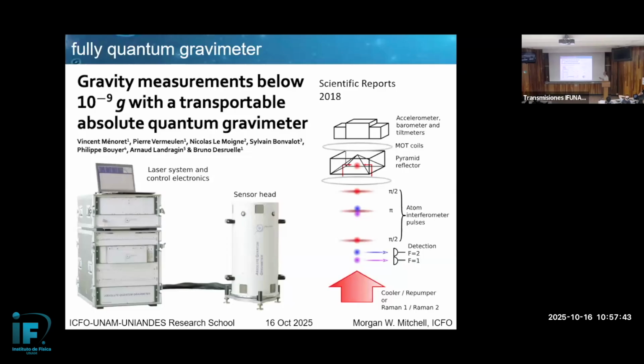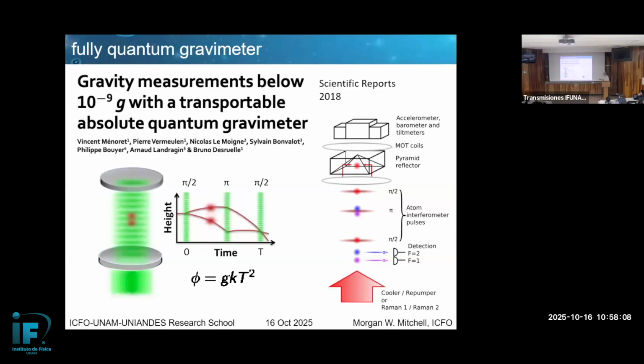And so that's exactly what's happening here: the atoms drop, they experience first a pi/2 pulse, which generates the superposition, then a pi pulse, which reverses the superposition, and they fall a while longer, and another pi/2 pulse, which can take them either to F = 1 or F = 2, depending on how much phase they acquired in the intermediate time.